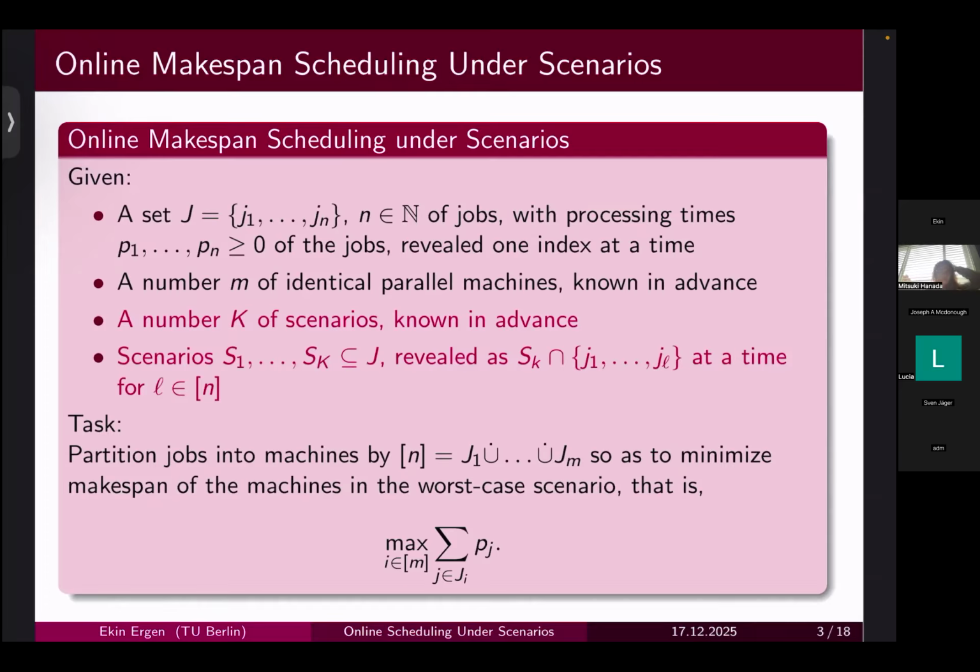And each scenario is defined as a subset of the jobs. And how are we informed about what subsets we have? Well, every time we reveal a job, we will also reveal what scenarios this job appears in. And then we will want to assign accordingly. So what is our goal now? Our goal now is to optimize the worst subset.